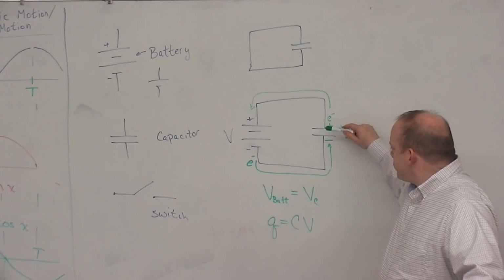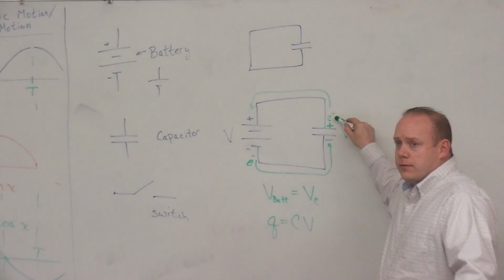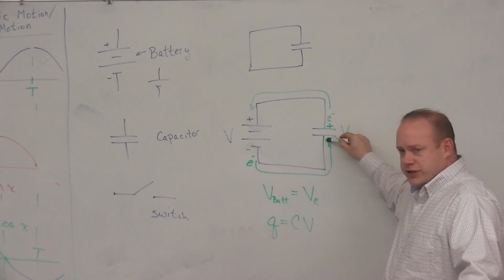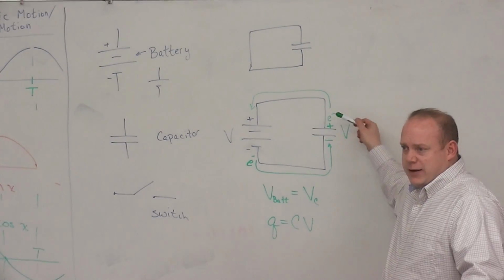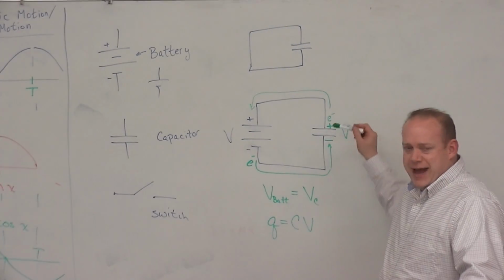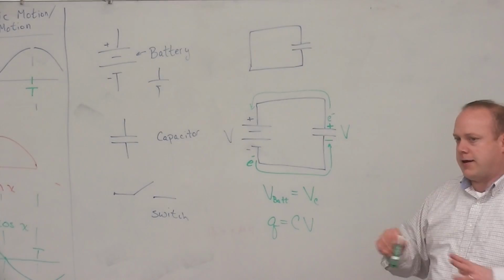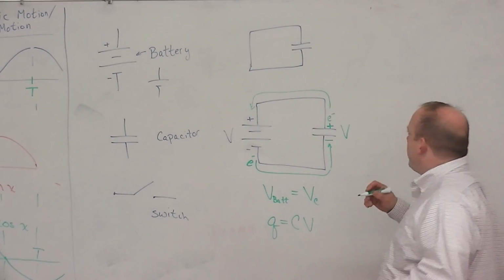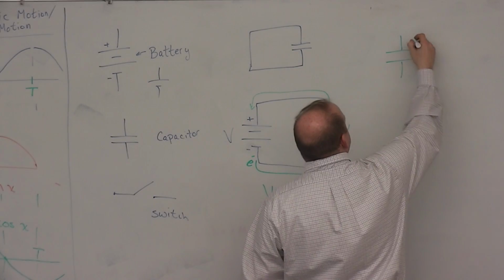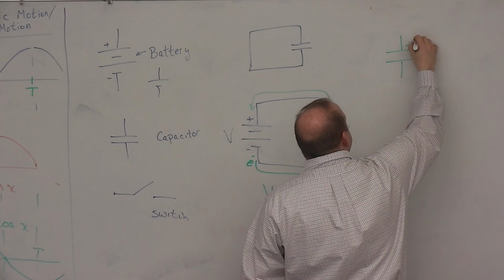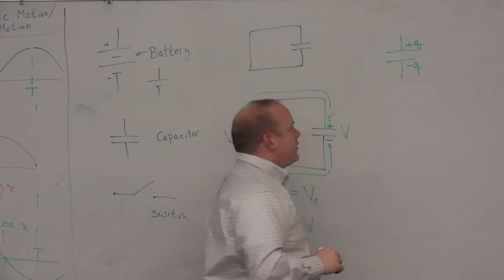If I have a positive charge up here and a negative charge down here, and they are equal, the amount of charge up here and the amount of charge here are equal, they're just opposite charges. So if it's equal and opposite, the net charge on the capacitor itself is 0. The total charge on the entire capacitor is 0. But that wouldn't be very interesting or very useful in our calculations. A positive charge Q will develop on one plate, a negative charge Q develops on the other plate.